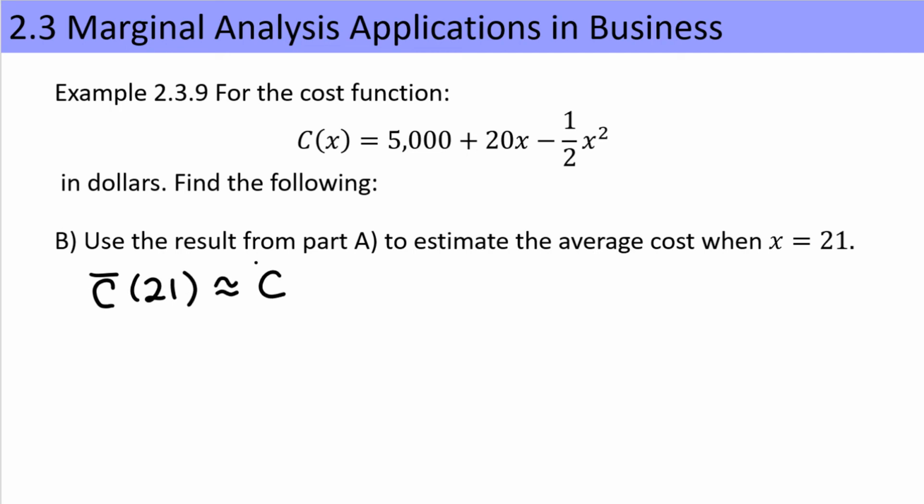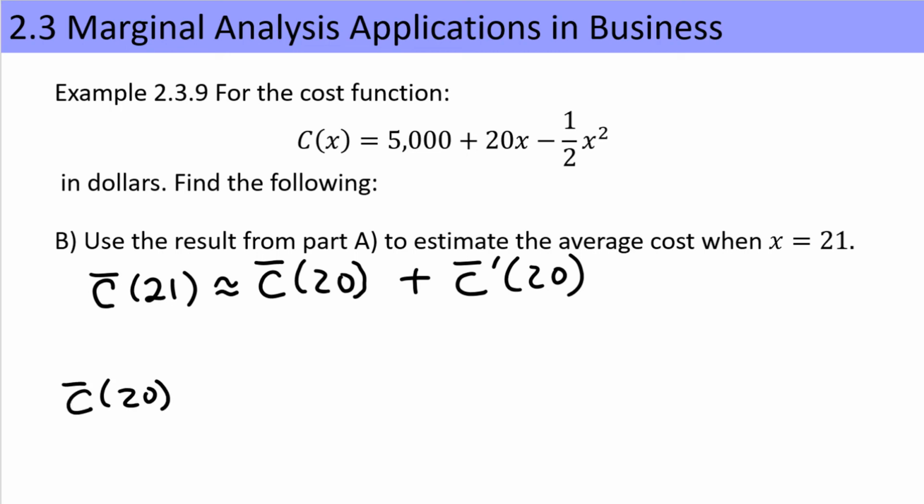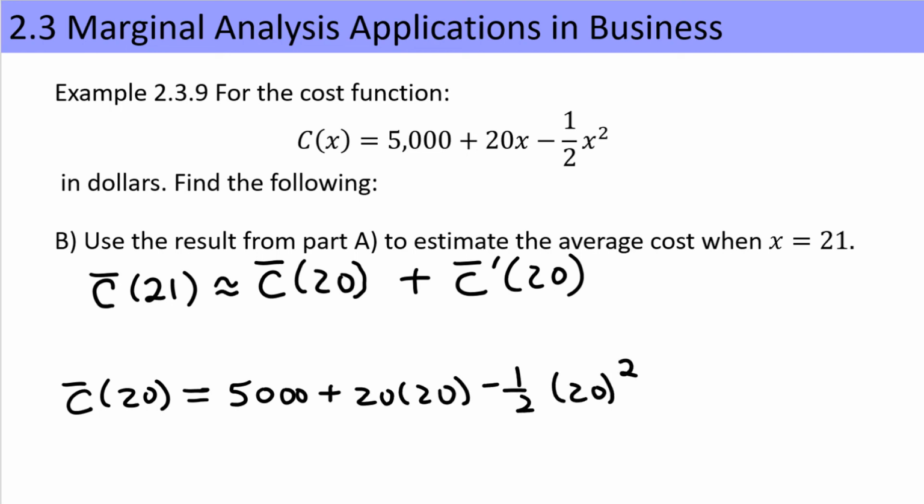We're going to need the average cost at 20, and we'll need to add to that the marginal average cost at 20. Now, that means we have to compute the average cost at 20. We haven't previously done that. So C bar of 20 is equal to 5,000 plus 20 times 20 minus 1/2 of 20 squared.